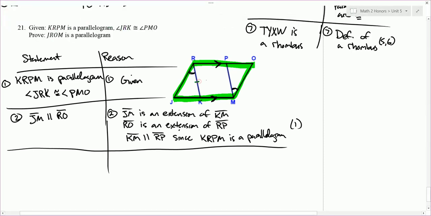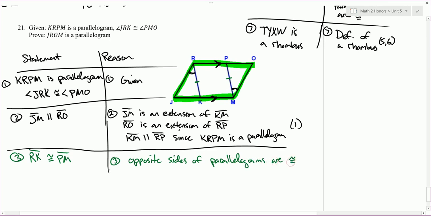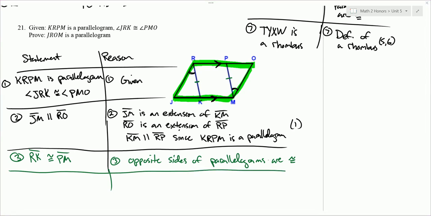So we know that RK and PM are congruent, and the reason is opposite sides of parallelograms are congruent. And so we have side, angle, and we just need another piece. Well, we can state that angle J and angle O are congruent because opposite angles in a parallelogram are congruent.